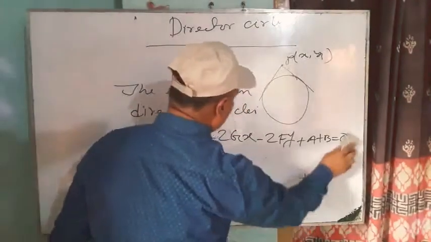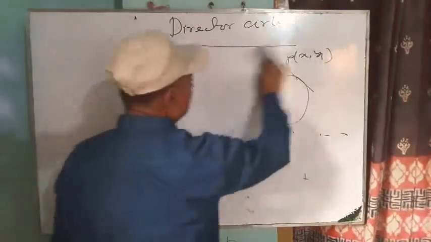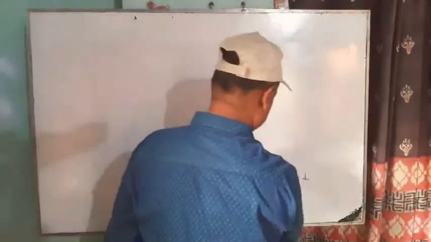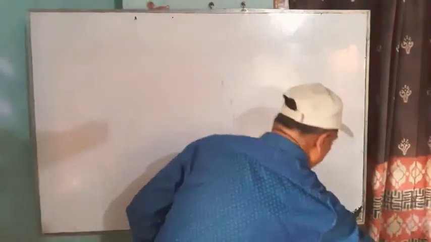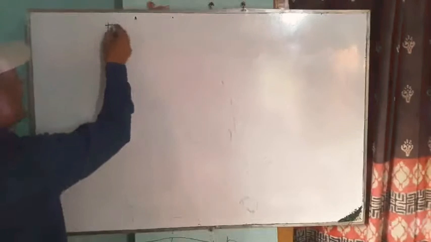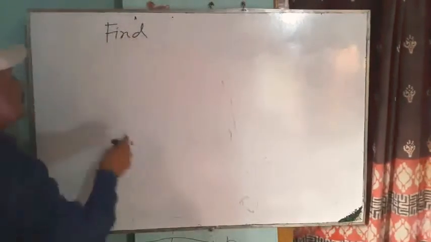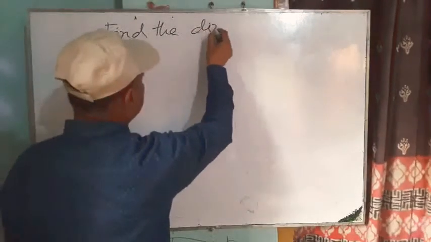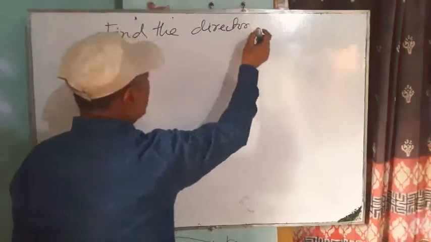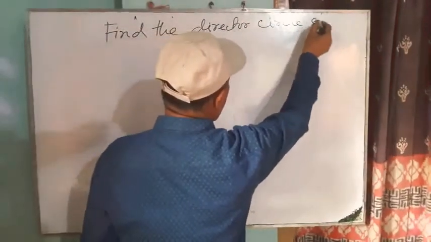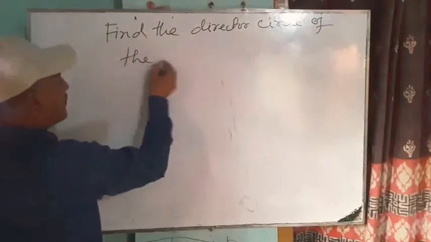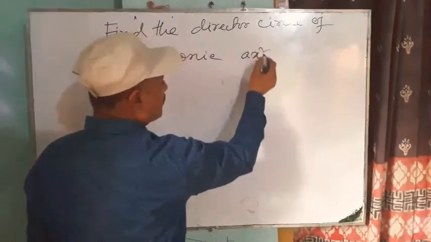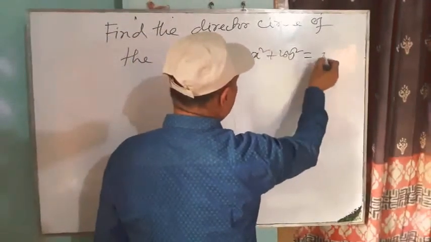Now we can solve the problem. Find the director circle of the conic ax square plus by square equal to 1.